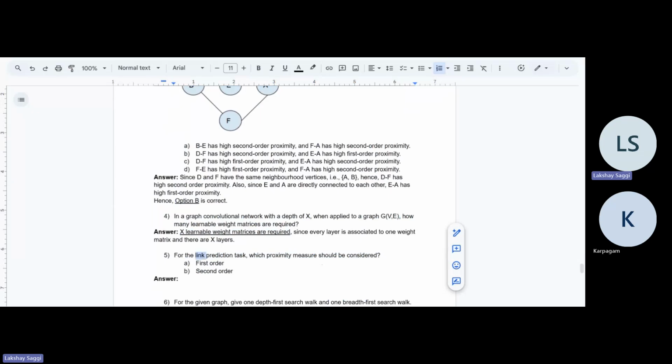So actually, you can use second order proximity here, because if there are two vertices, and those two vertices have many common neighbors, then it's very likely that U and V will form an edge between themselves in the future. Yes, exactly. We do not know before, so it is second order.